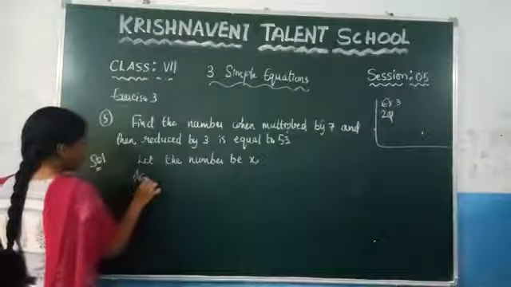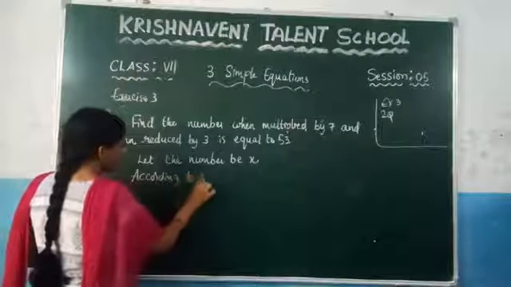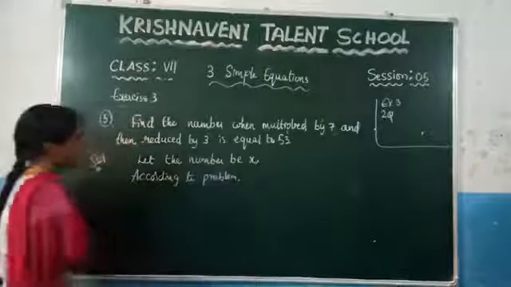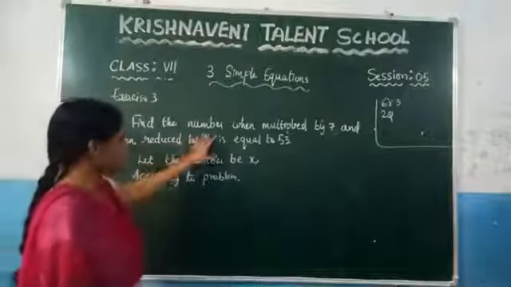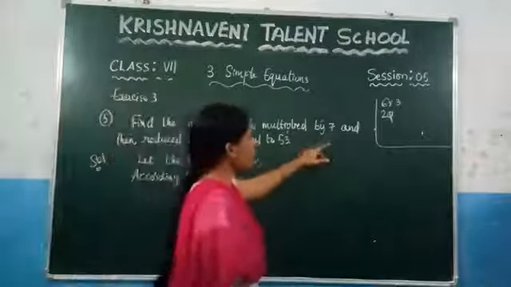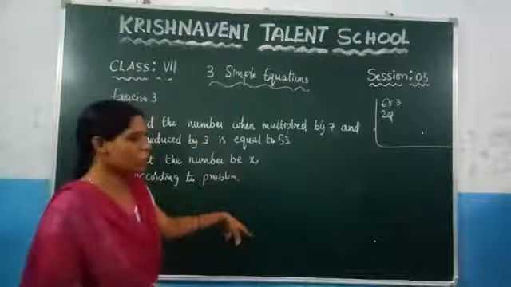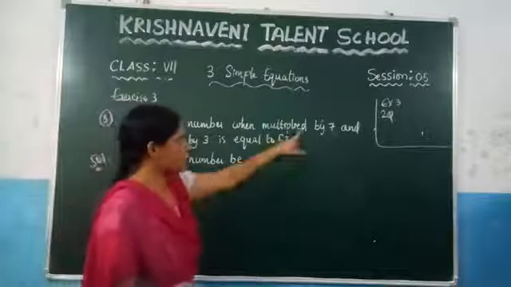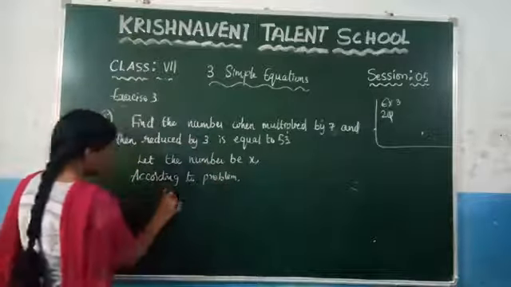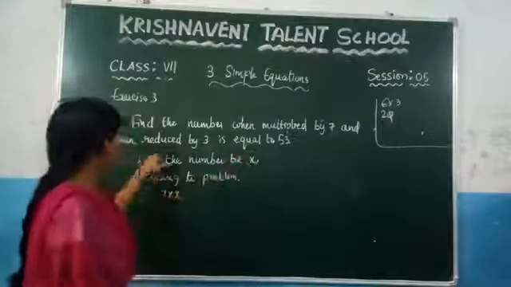Now according to the problem, let us see what equation we get. Here they have said find the number. You don't know that number, so we have treated that number as x. When multiplied by 7, that number is x, and you need to multiply this x with 7. So here you will get 7 into x, and after that they are saying, and then reduce it by 3.